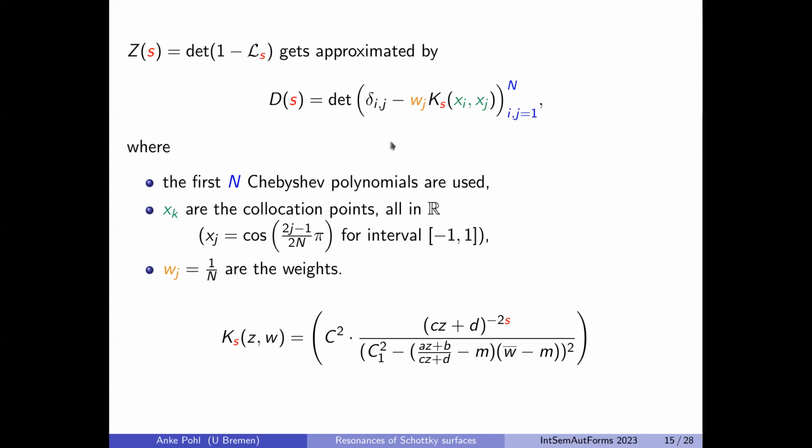Then there are certain weights which come out of the theory of approximation, and then it's an n by n matrix. Something I would like to stress here again is that down here you again have the formula for the kernel. So every entry is of this form or is 0. If you now put in the x's, the x_i and x_j instead of z and w, you see, okay, it goes to specific places.